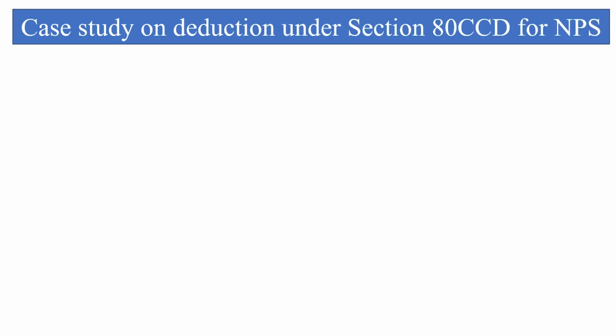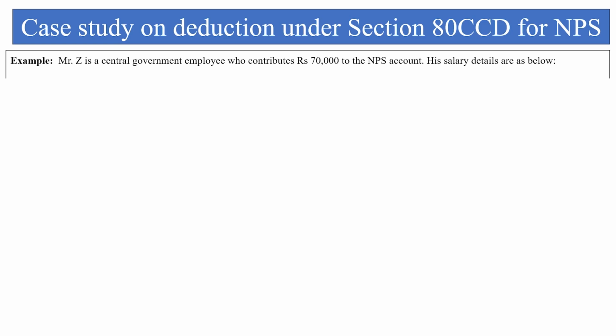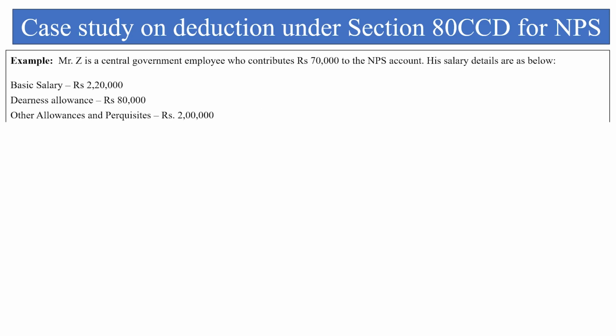Now section 80CCD for NPS, National Pension Scheme, it is very much important. Here we see Mr. Z, a central government employee who contributes rupees 70,000 to his NPS account. His salary details are basic salary 2 lakh 20, dearness allowance 80,000, other allowances and perquisites 2 lakh, investment made under 80C 80,000.